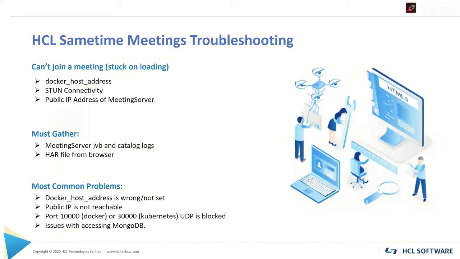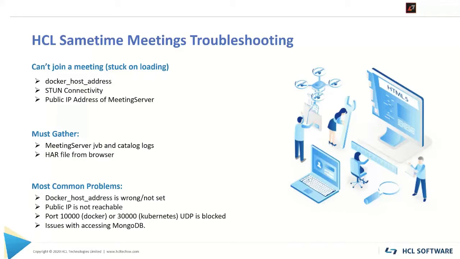This is where STUN, my Docker host address, and the public IP address of the meeting server all come into play. The first portions are all web and browser based. Now at this page, we're doing real work with the media streams, so STUN connectivity is very important.